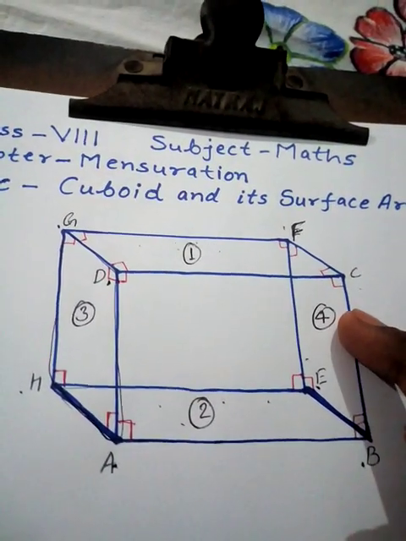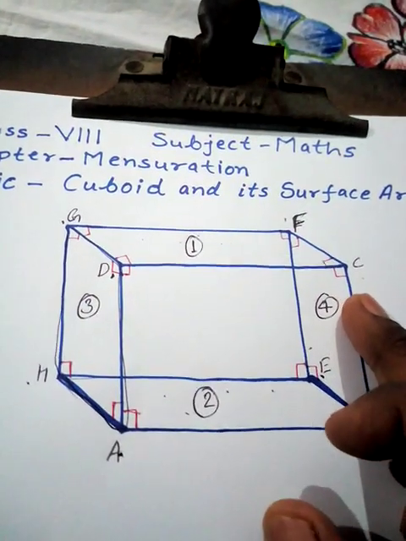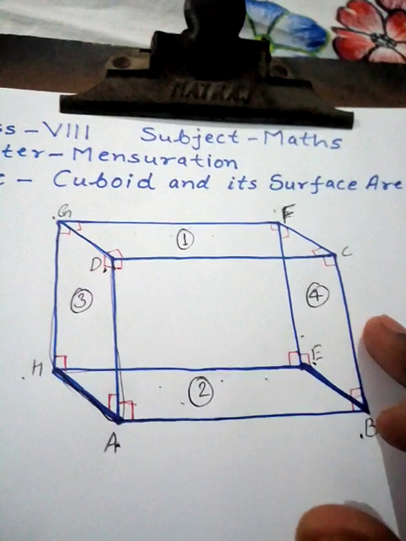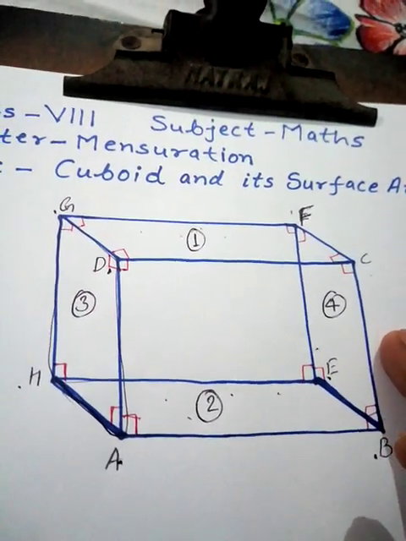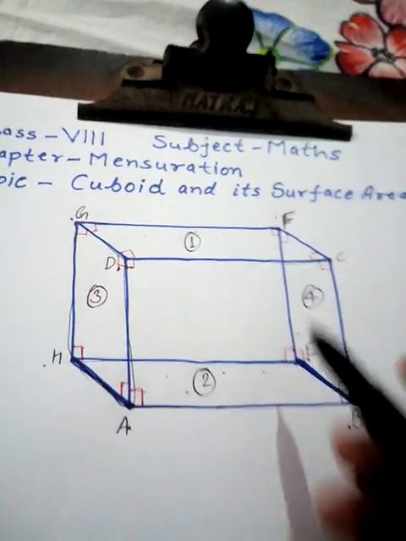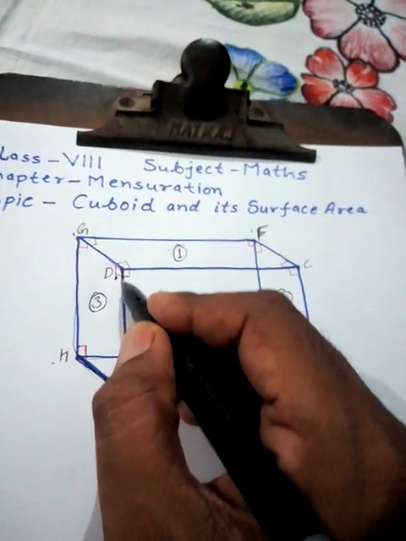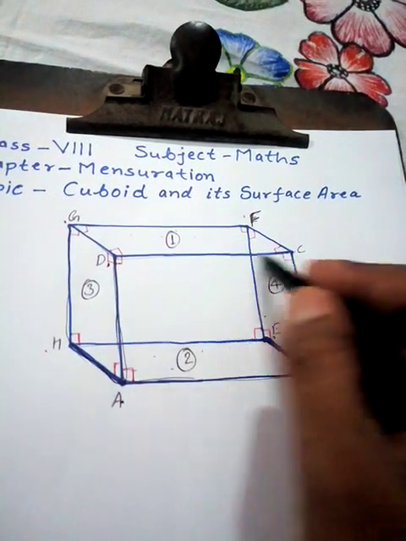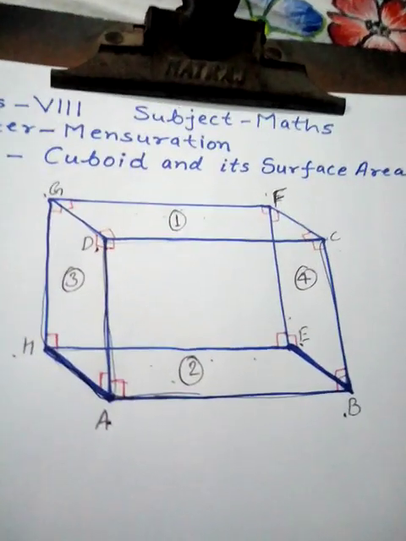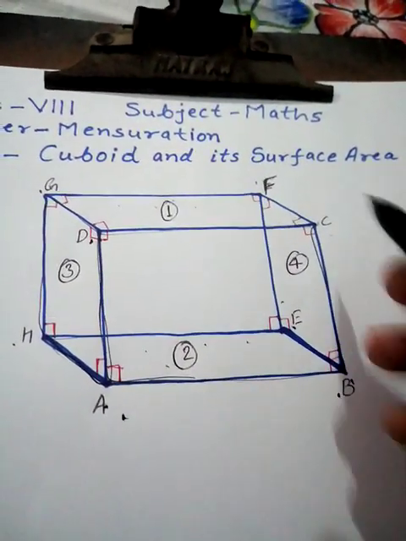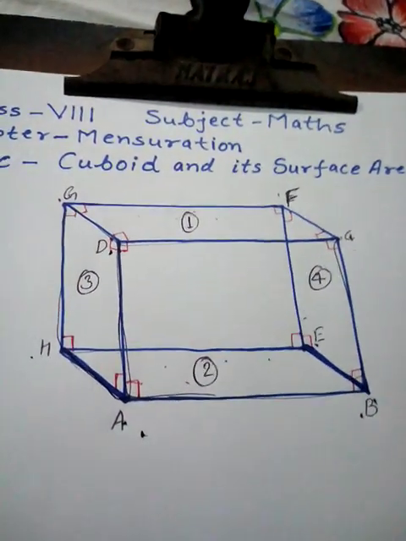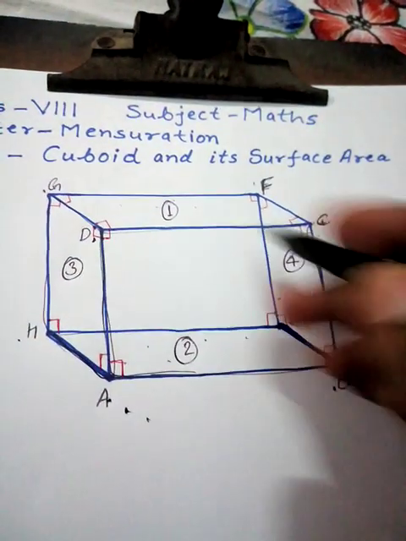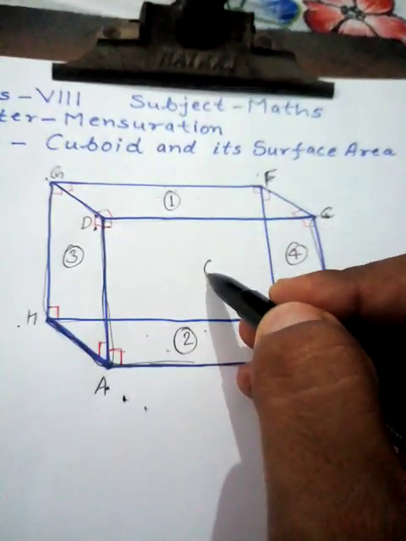So this is the number 4 surface, which is opposite to the 3, and actually these two surfaces 3 and 4 are exactly the same, that is congruent. Now I am going to talk about the surface number 5, which is the front surface, that is A, B, C, D. This is the front surface, number 5.